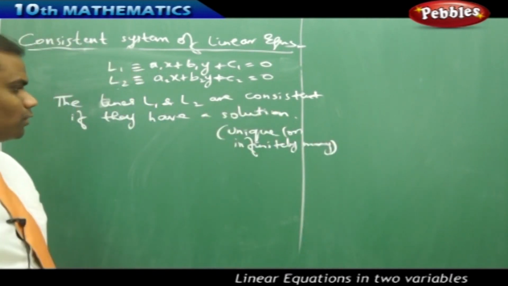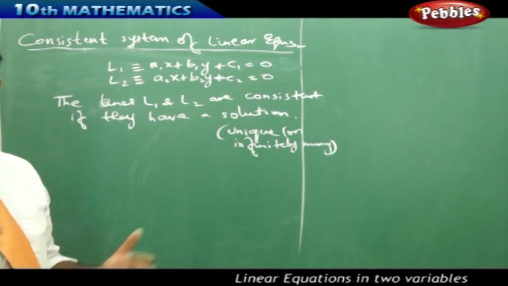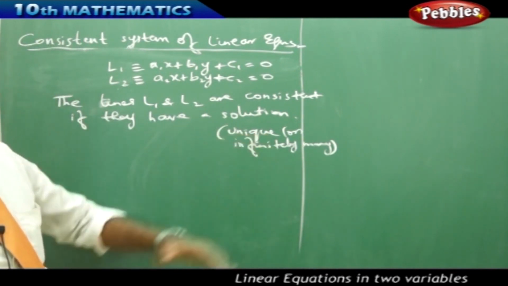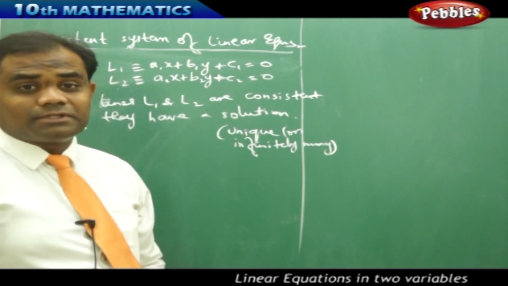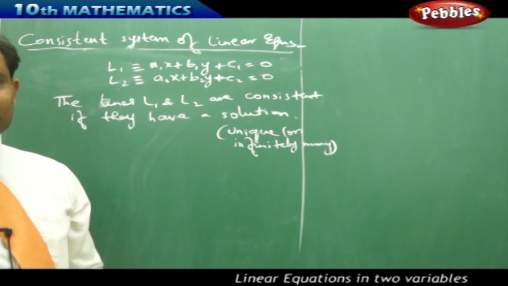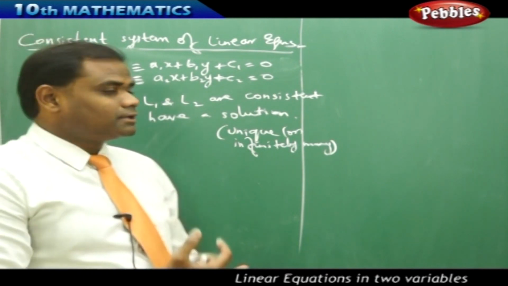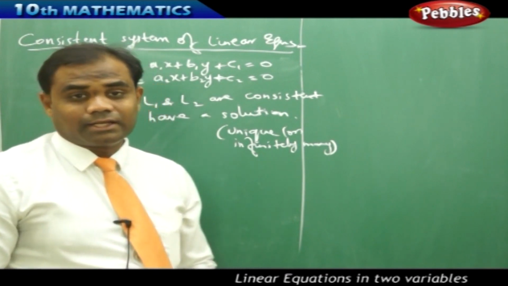So when we want to identify whether two lines are consistent, we just identify the solutions, and if the solution is unique or infinitely many, the case 1 and case 3, then we say the system of lines are consistent. And when we identify that there is no solution for the given lines, then we say that the two lines are inconsistent.